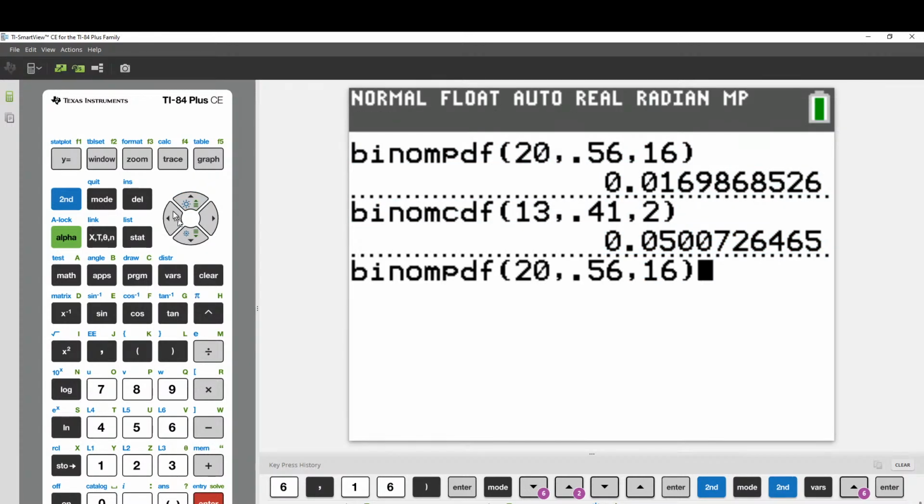Now, what if I added them all up using PDF? First with 0.